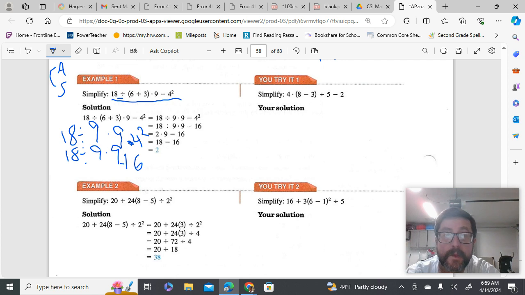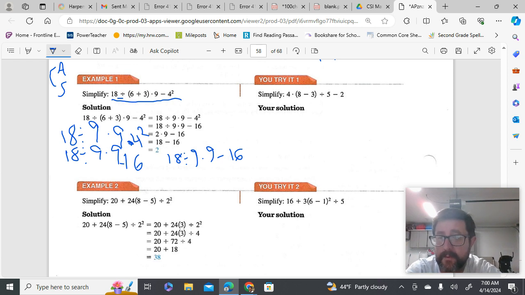Okay, I'm going to rewrite it over here because I got off a little bit. 18 divided by 9 times 9 minus 16. Now, if we did the 9 minus 16 first, that's really not a good one.